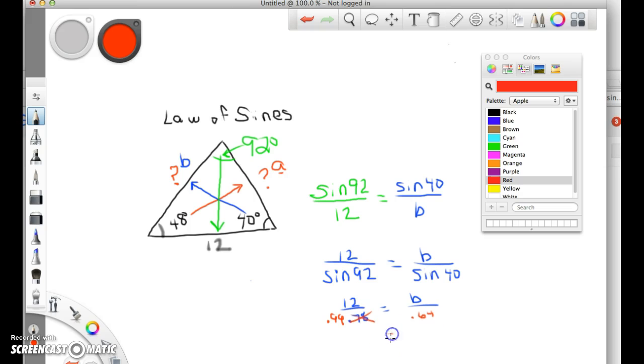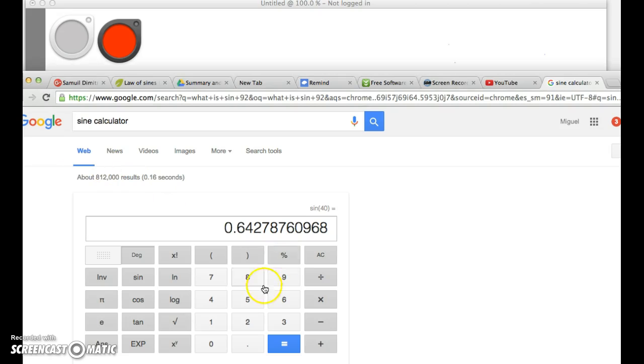Okay, so now we're going to do it with our calculator. We're going to multiply this side by 0.64, and that cancels out. And it's going to be this side times 0.64. So 0.64 times 12 and divide that by 0.99.